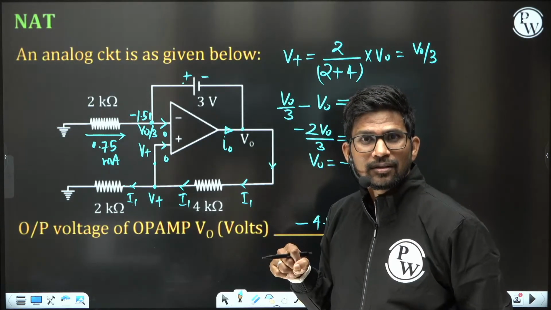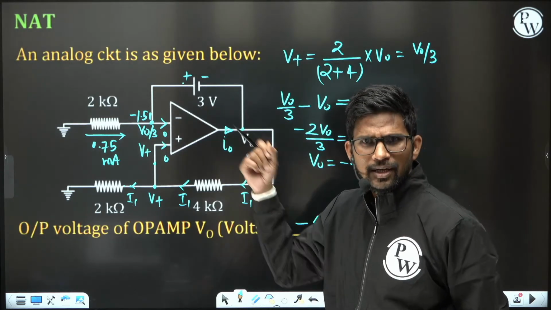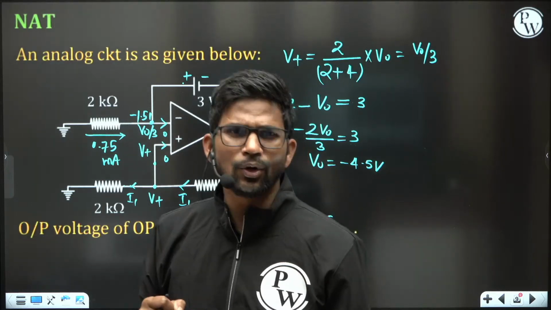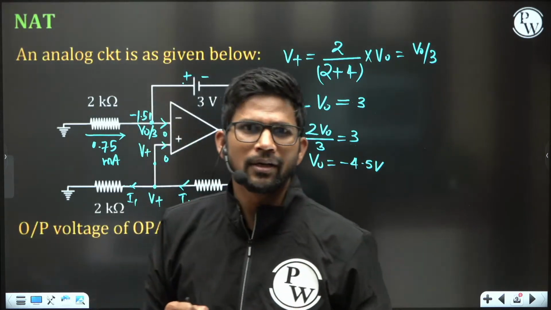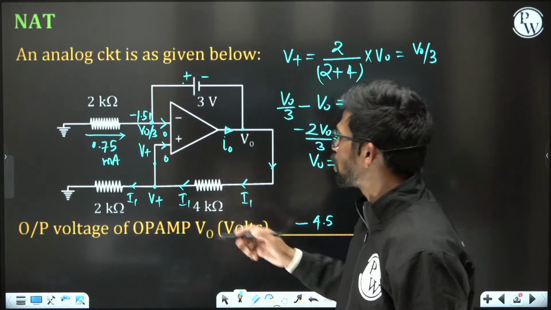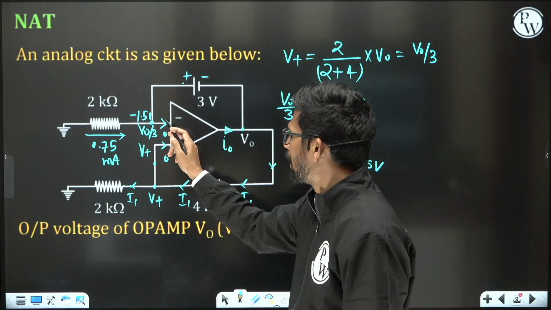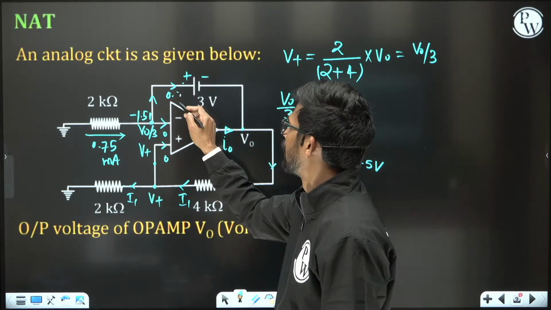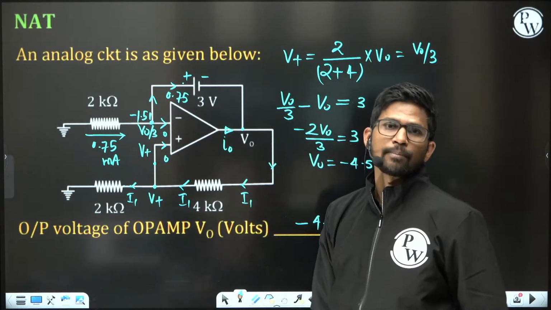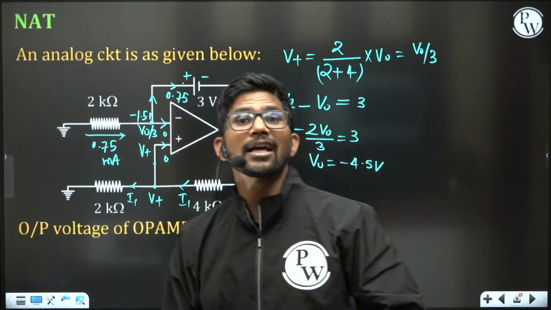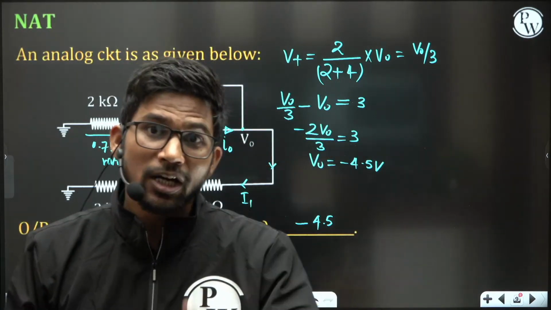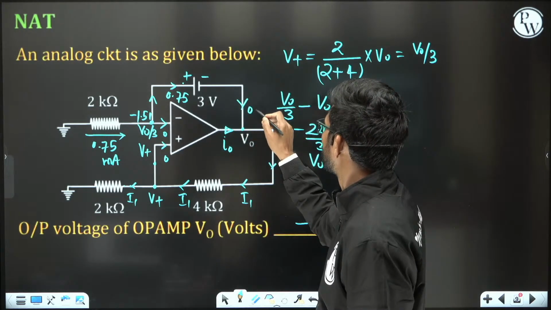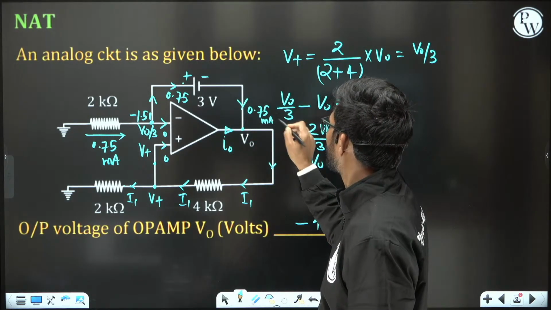Is it delivering power? No, it is absorbing power. It is working like a load, not a source, because this current is 0.75. Here no current will go, so all the current 0.75 will go like this. Since current is entering from the positive terminal of the battery, it is behaving like a load in this terminal, not a source. Remember, this 0.75 milliampere is the incoming current here.